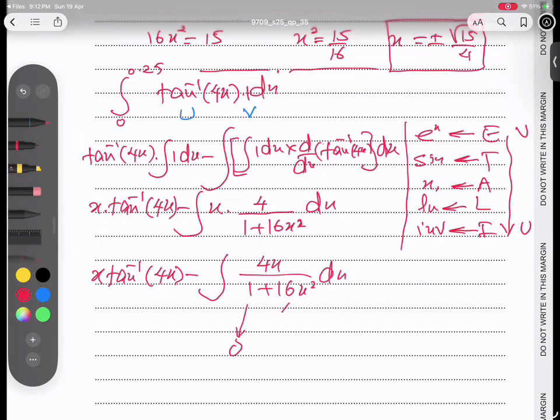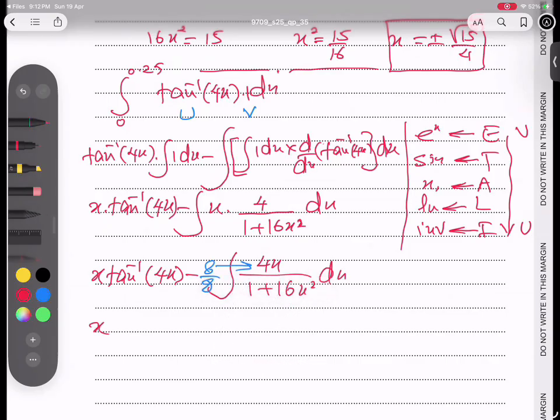This is 0 and this is 32x. I need that, but I have a 4. What to do, students? I will introduce here, because I need 8 into. So 8 multiply and 8 divide. This 8 will go inside. And I think all students are understanding what is going on.